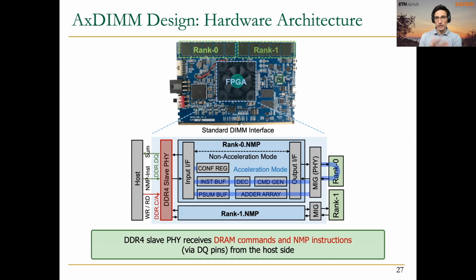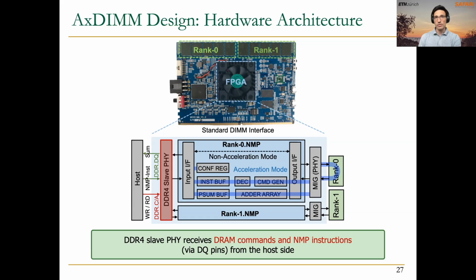So first of all, the DIMM and the near memory processing units are connected to the host processor via the DDR4 interface. Through this DDR4 interface, the DIMM receives DRAM commands whenever it is needed to access the memory arrays in rank 0 and rank 1, and the DIMM also receives the near memory processing instructions that will be executed by the near memory processing units.